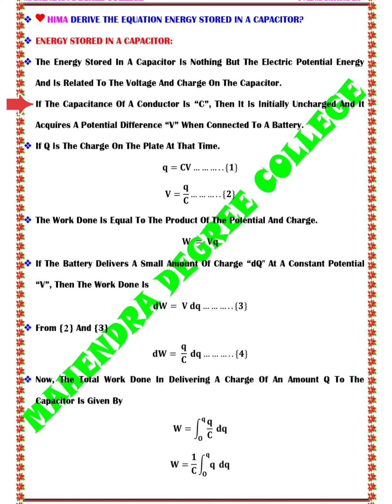But the battery supplies charge at a constant potential difference. If Q is the charge on the plate at that time, then Q equals CV. This is equation number 1.